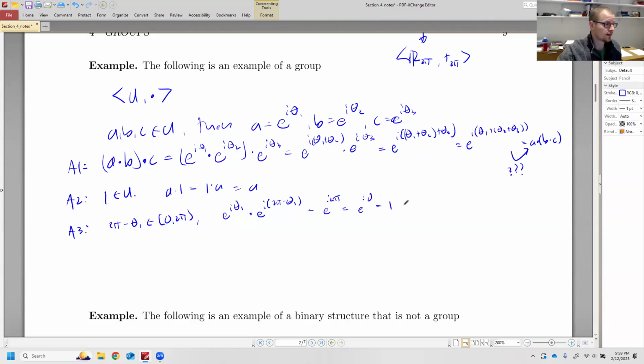So it's 1. Fantastic. So now I know that e to the i (2 pi minus theta 1) is the inverse of A. So what I get is I have associativity, I have an identity, and I have inverses for each element. So in this way, I can verify that something is indeed a group.